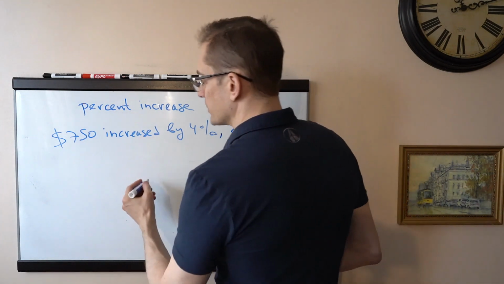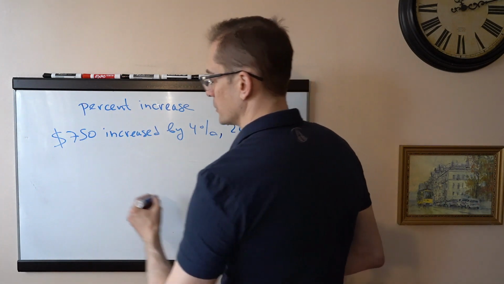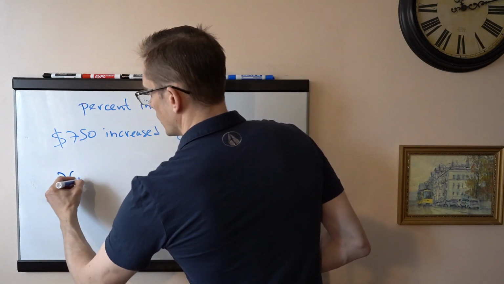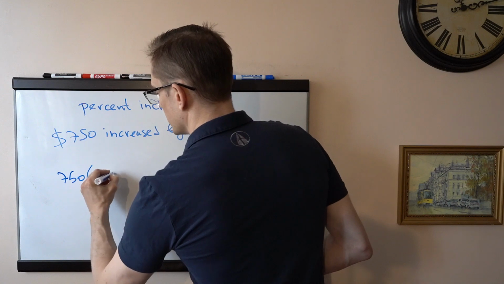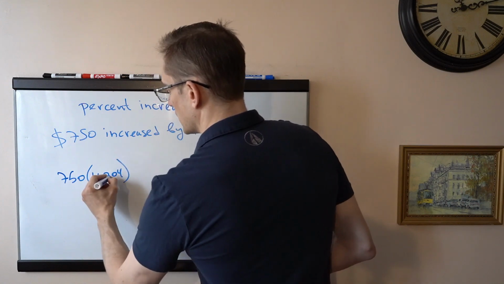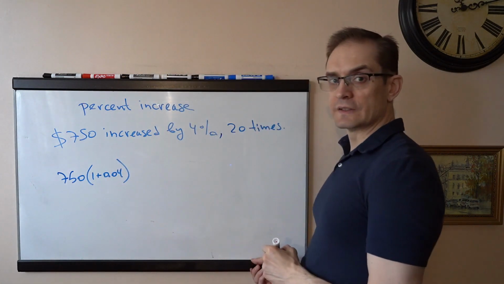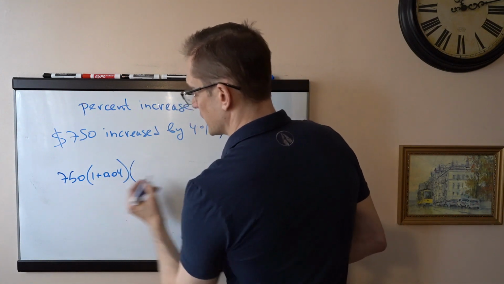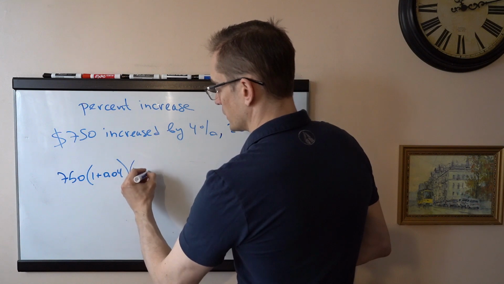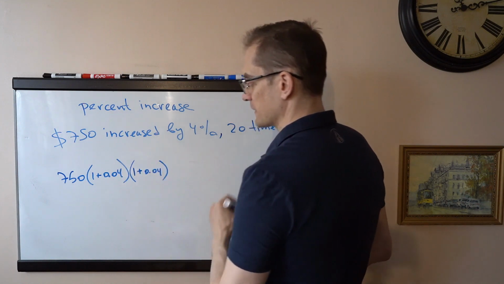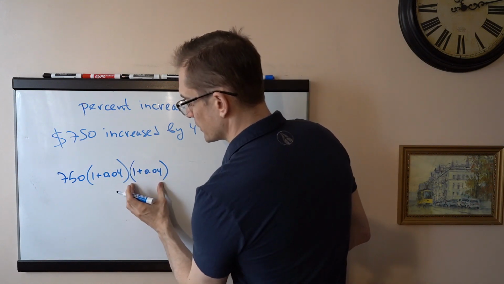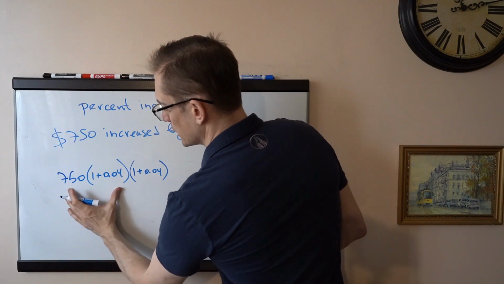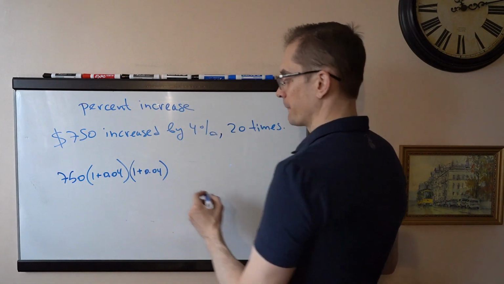So when we update this technique of solution, all we need to do is to find 104% of 750, right? So that's the first increase. Then I will need to find the second increase, because the second increase will apply to that new increased amount.